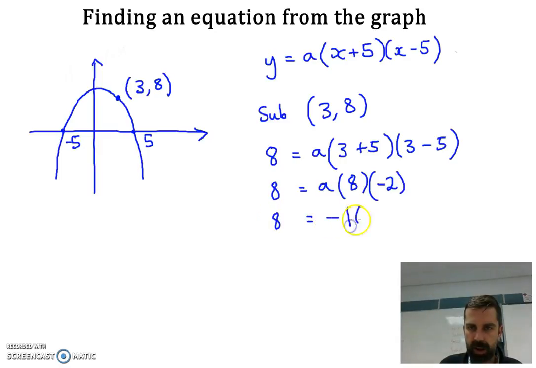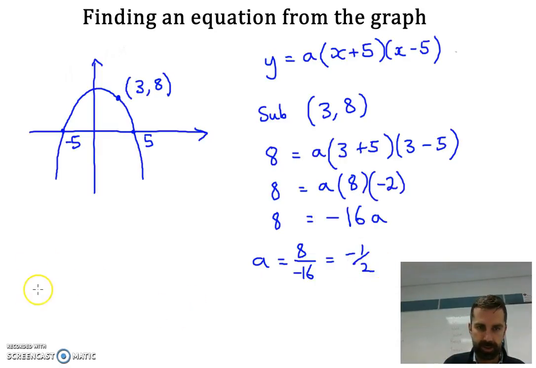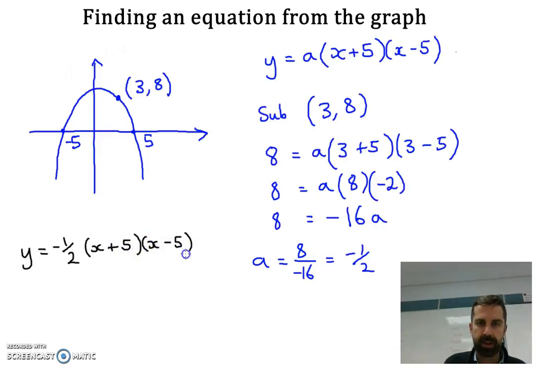So 8 equals -16 times a. So a must be 8 divided by -16, which if we simplify that down is -1/2. So if I go to my final equation now, I can substitute a back in. So y is -1/2 times by x plus 5 times x take 5. And so there I've got my final equation.